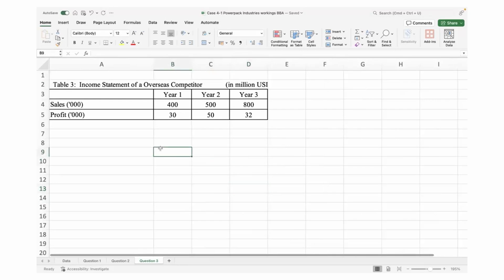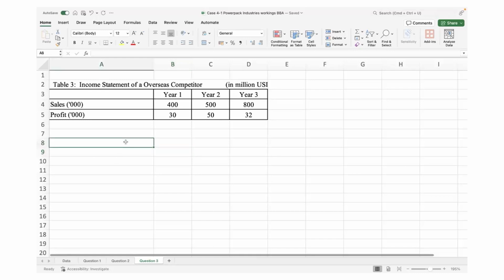Okay. Now, when we have the two data points, it is possible for us to find out what is happening in the overall cost structure. Since the company is posting a profit in all 3 years, we assume that the company is operating above the break-even point. Only above the break-even point operation are we going to report a profit.